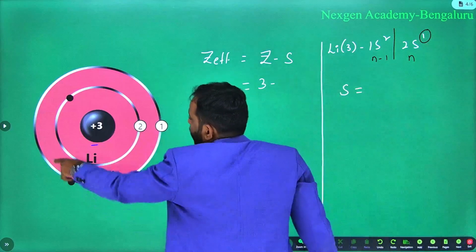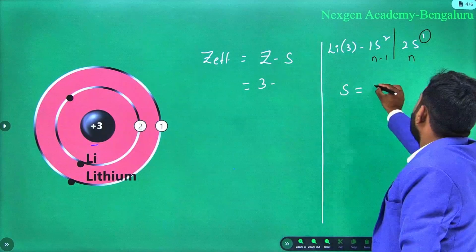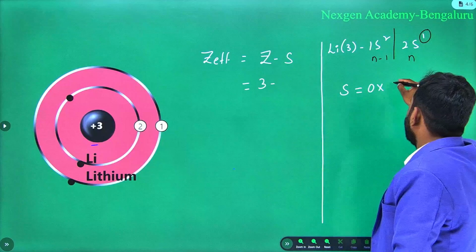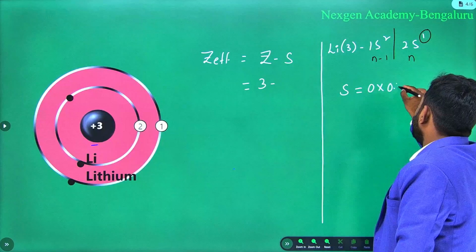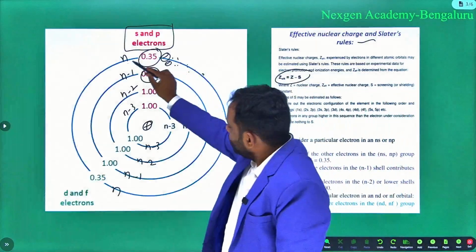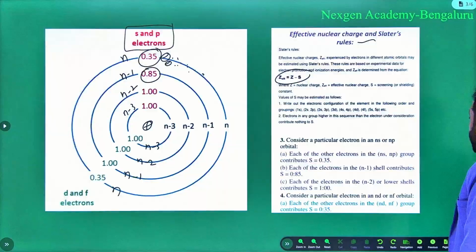Other than this, are there any other electrons? There are no other electrons, right? So 0 other electrons, and you are calculating for an S or P electron. For the same shell I mentioned 0.35. Come back to this: here, if it is the same shell, 0.35 I said. So go back to this.